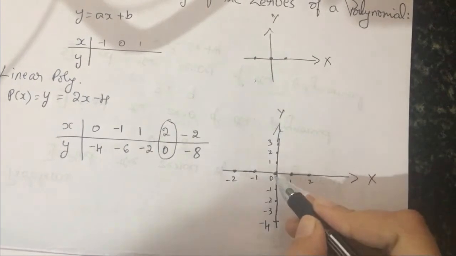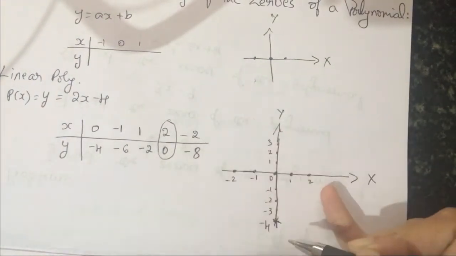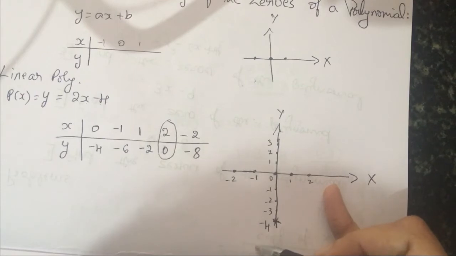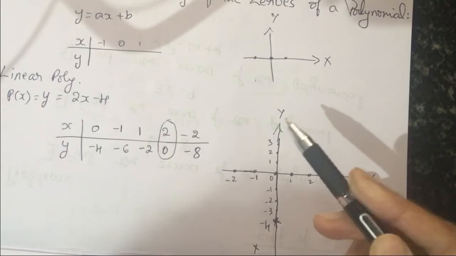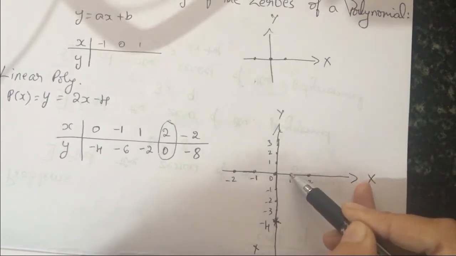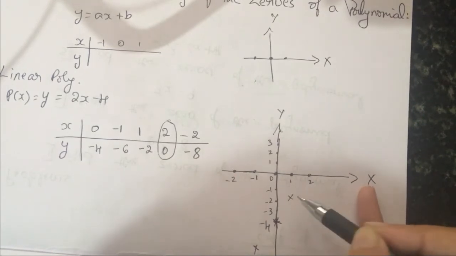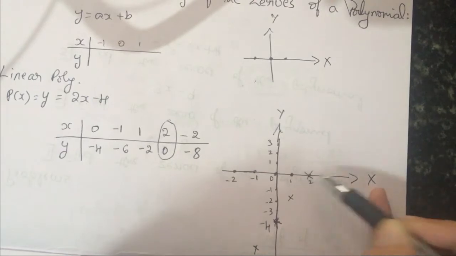And now when x is 0, y is -4, my point is here, and when x is -1, y is -6, somewhere here. Then x is 1, y is -2, so somewhere here. Now when x is 2, y is 0.